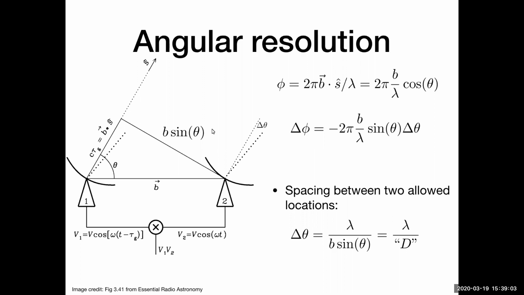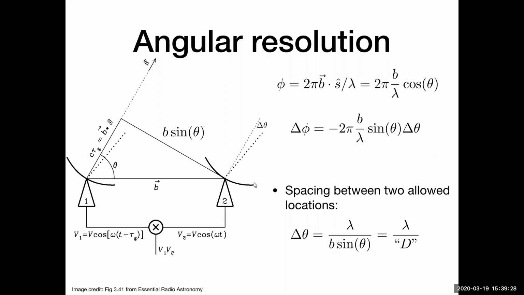This also expresses a geometric shortening effect, because all that really matters for your angular sensitivity is this projected length b sine theta, which is the separation of the telescopes on the axis perpendicular to where the light's coming from.